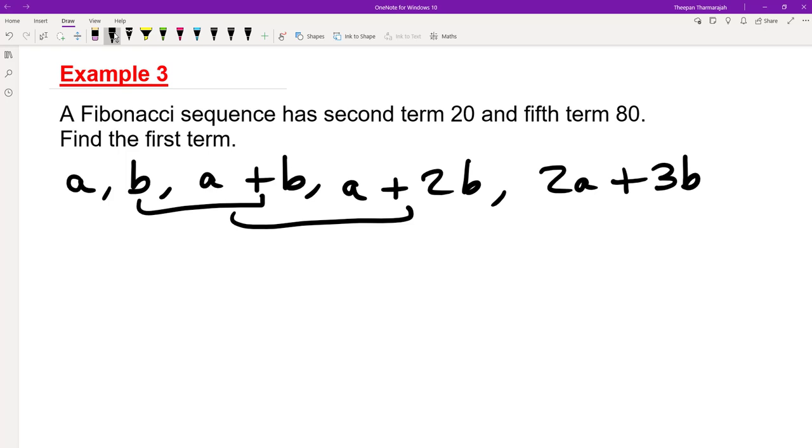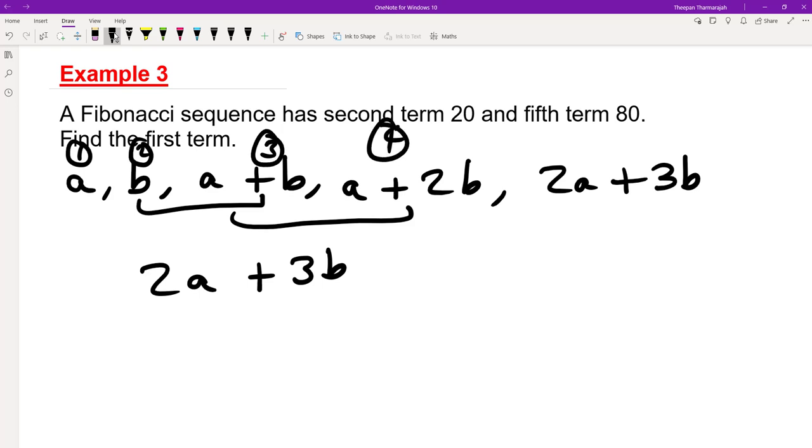So the fifth term, 2a plus 3b, don't forget first, second, third, fourth, and fifth term respectively. So 2a plus 3b is equal to 80. We've been told that. And the second term, which is b, is equal to 20.